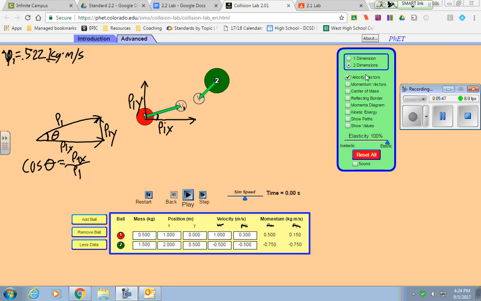And so we want to solve for this by itself. So what we're going to get is ultimately here, so you can put it in your calculator, cosine negative 1 of the P1x over the P1.